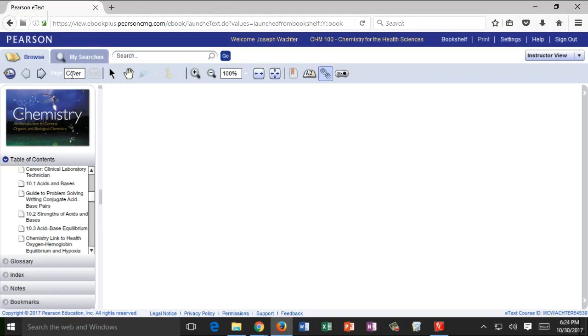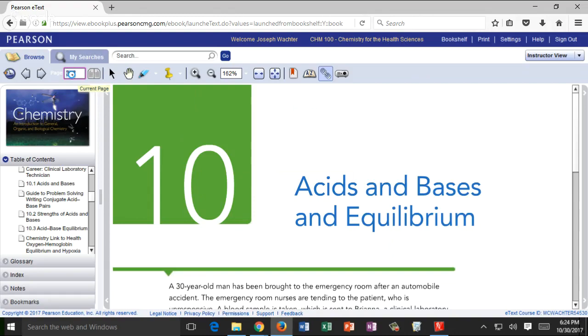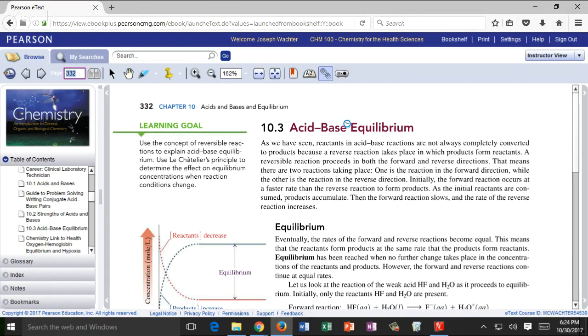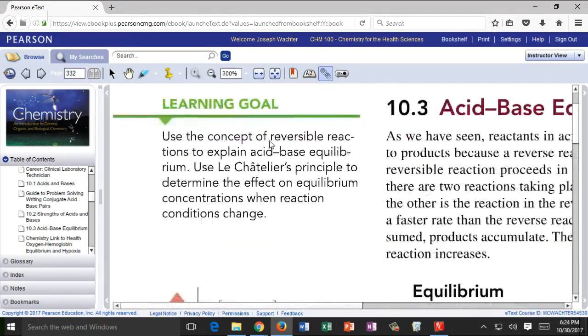Oh, so this is page 322, or 332, sorry. I'm going to look at this little graph over here.